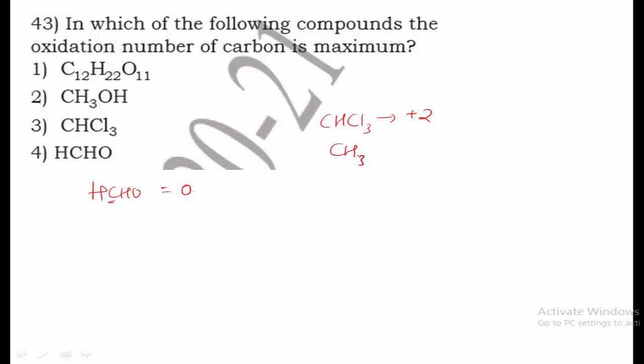In CH3OH, the oxidation state is -2. And in C12H22O11, the oxidation number is 0. Therefore, the carbon has the highest oxidation number in the case of CHCl3. So option 3 is the right one.